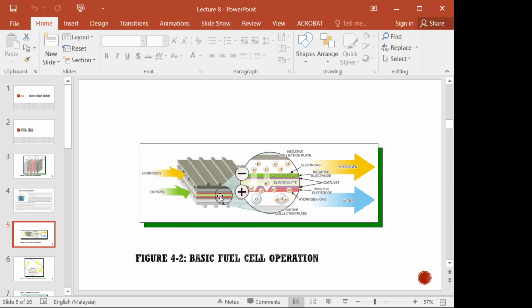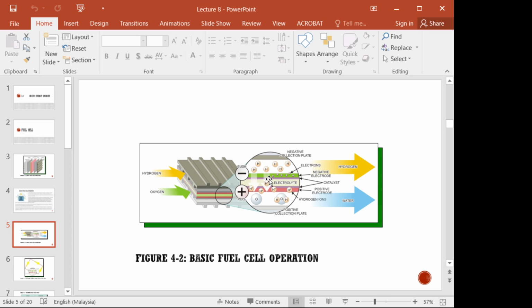So this is what I've told you. We have hydrogen, H2, that goes into the anode, and when it comes to the anode, it will split up into electrons and also H+.